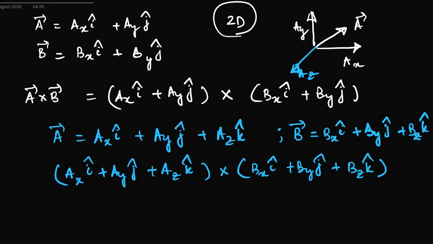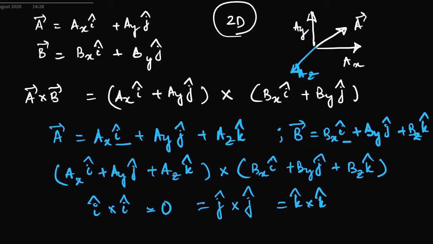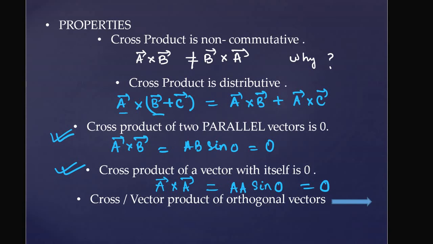So if I am taking i with i, it would be what? 0. Same with j cross j. Same with k cross k. They all will be 0. This is the first of it. So I am going to write it here.